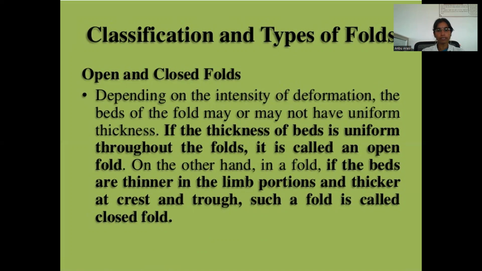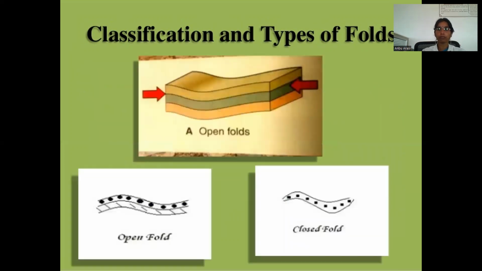On the other hand, in a fold, if the beds are thinner in the limb portions and thicker at crest and trough, such a fold is called a closed fold. This is an example of a closed fold, and this is an example of an open fold.